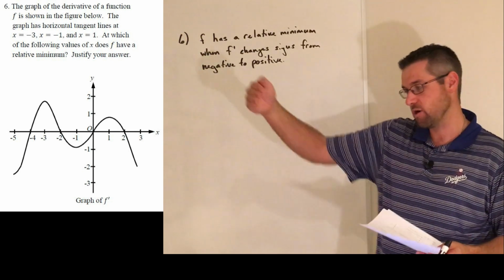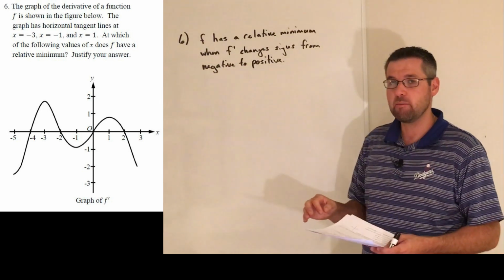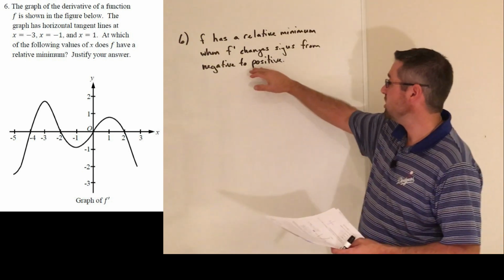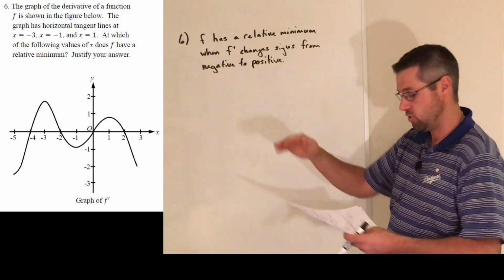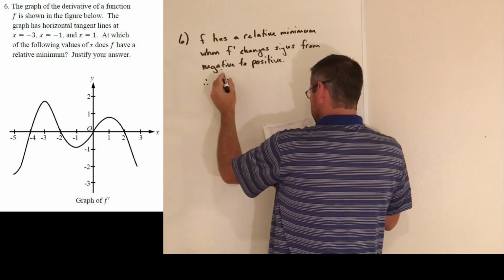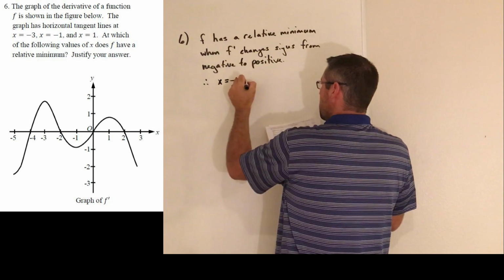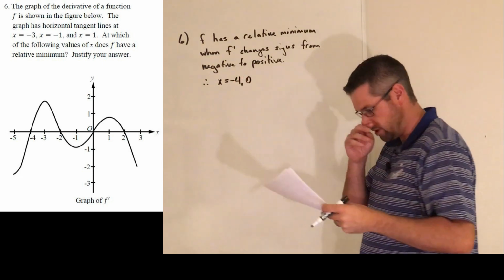We would be looking for when the function changes from decreasing to increasing. But because this is f prime, we're looking for when f prime changes from negative to positive, or from being below the x-axis to above the x-axis. So we can see that that happens at x equals -4 and at 0. So we see those 2 points.